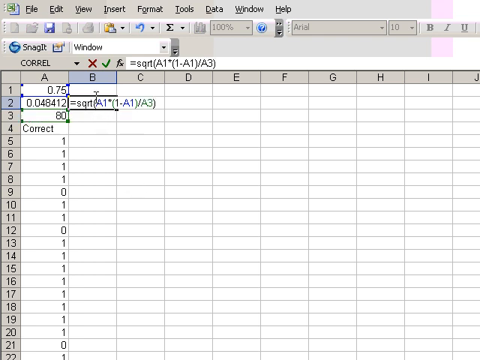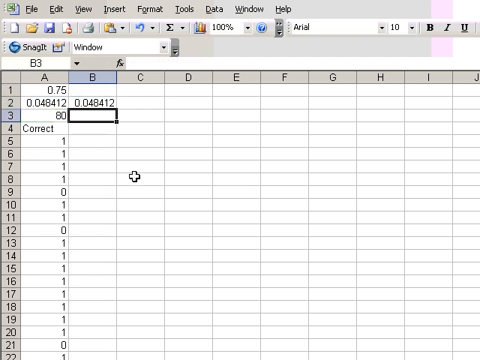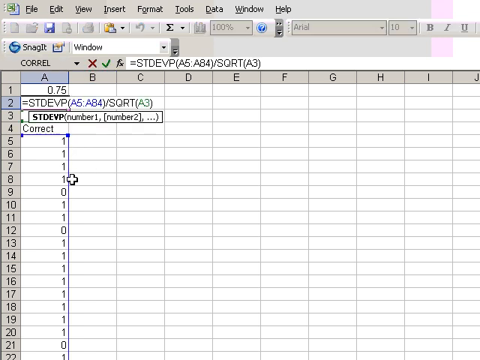And in order to make this work, I believe I need to add 2 more parentheses, and when I hit enter, I get exactly the same thing that I got when I used the original set of data.